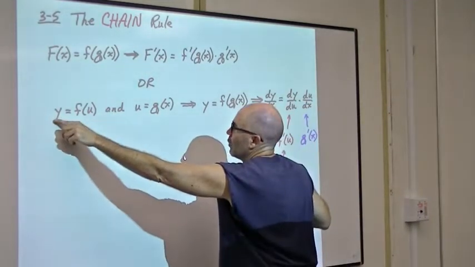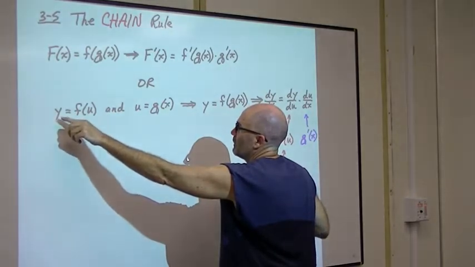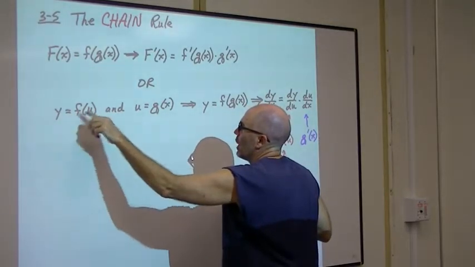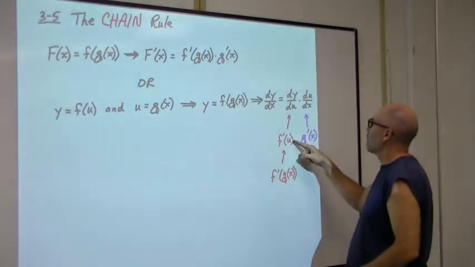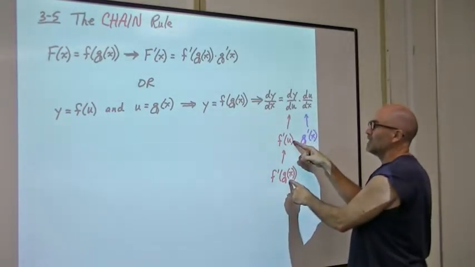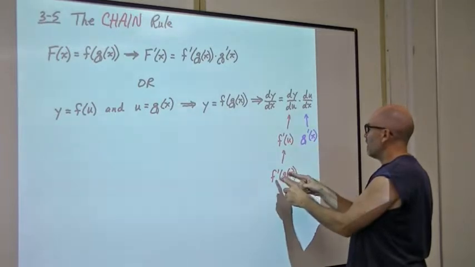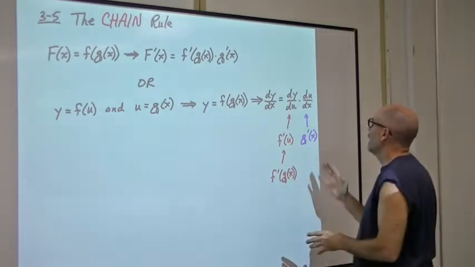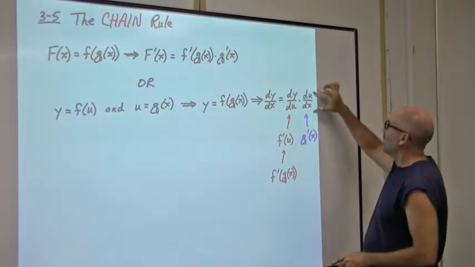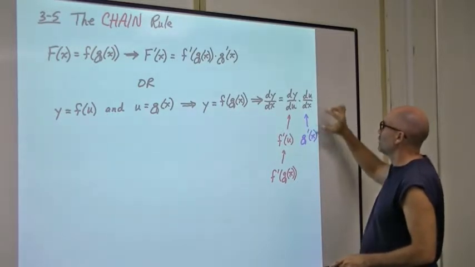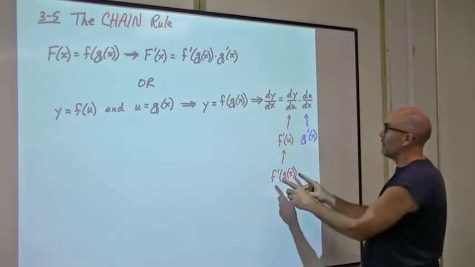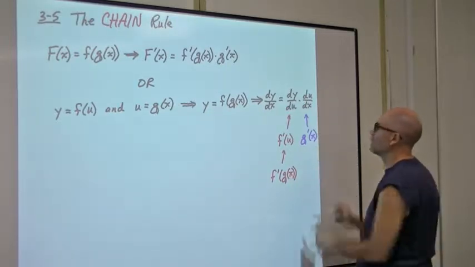See, notice y equals f of u, so the derivative of y with respect to u, dy du. So that's really f prime of u. Now what's u? It's g of x. So that's really f prime of g of x. Now, then I need to multiply by du dx, which is really g prime of x. So there we have the f prime of g of x times g prime of x.